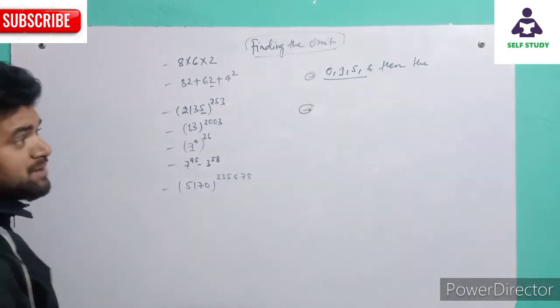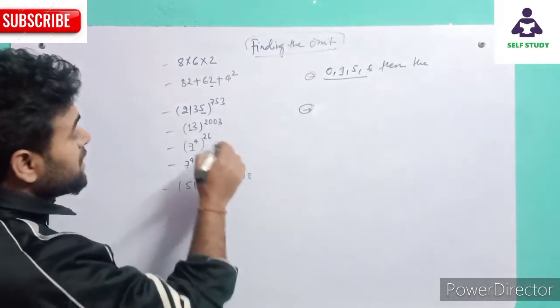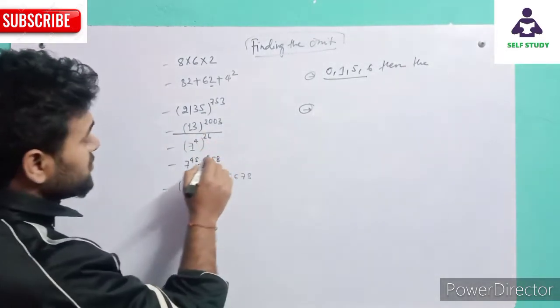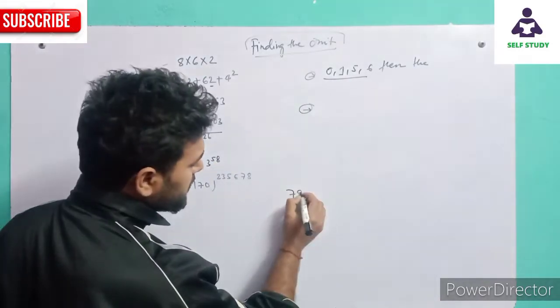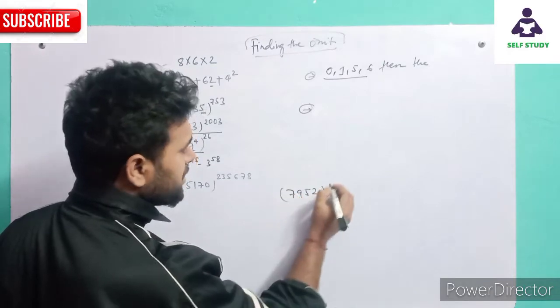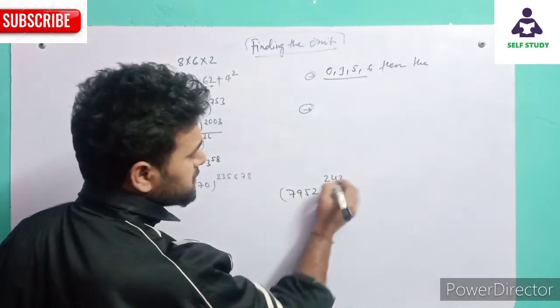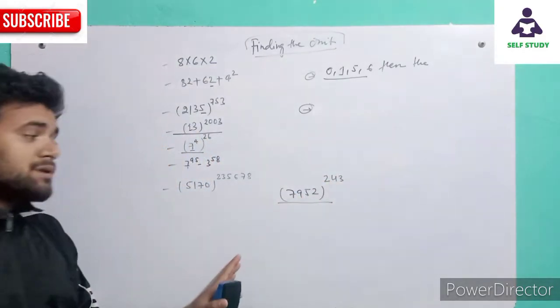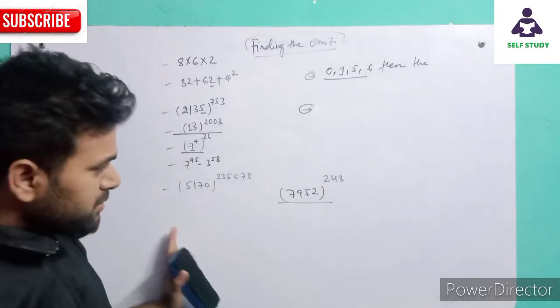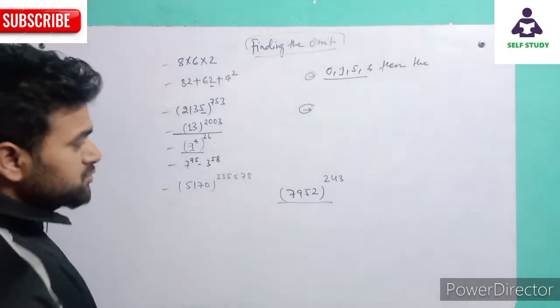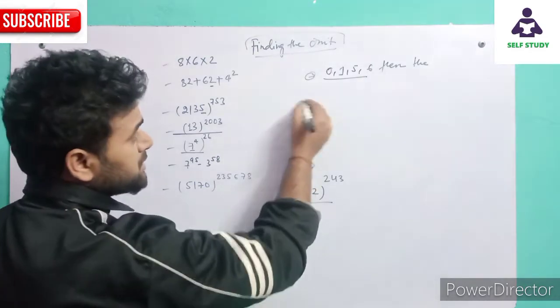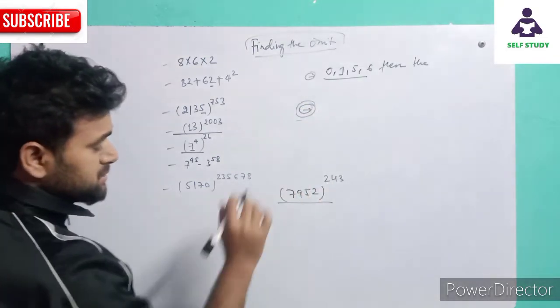Please see an example: 79523 to the power 243. Calculating this by multiplying is very difficult, so we use a formula.